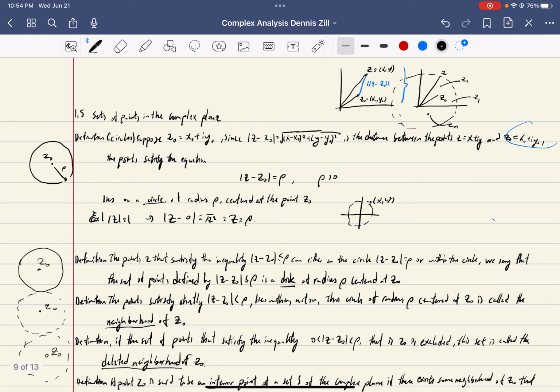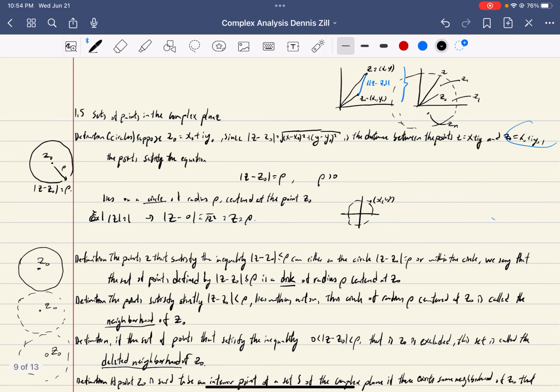Written in our definition, it is really just |z − z0| equal to rho. So where is z? Z is on the edge, because this is equal to rho. Let's call this z1, or x1, y1, and this z2. Both of them satisfy this equation.